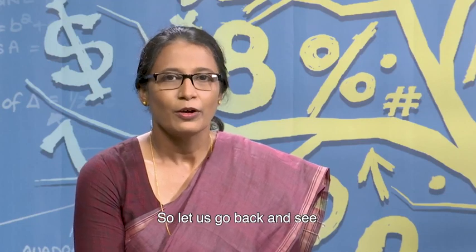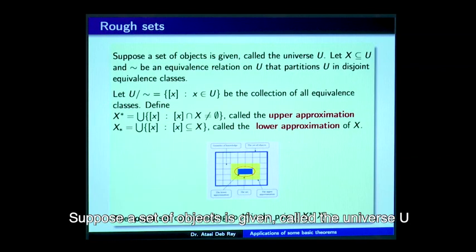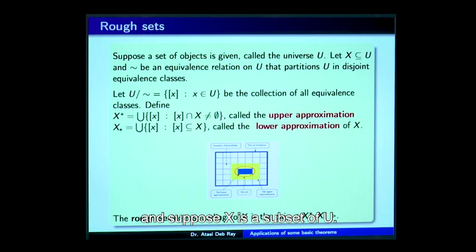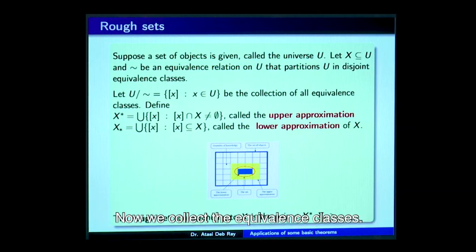So, let us go back and see what is the definition of rough set. Suppose a set of objects is given, called the universe U, and suppose capital X is a subset of U. An equivalence relation is defined on the set U, and that partitions U into disjoint equivalence classes. Now, we collect the equivalence classes.